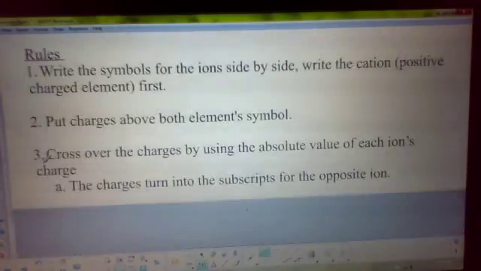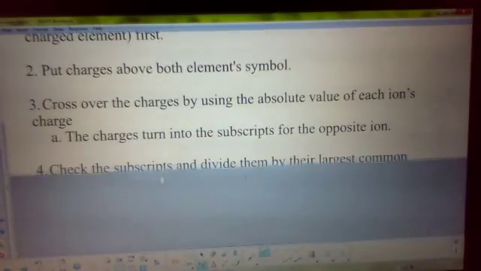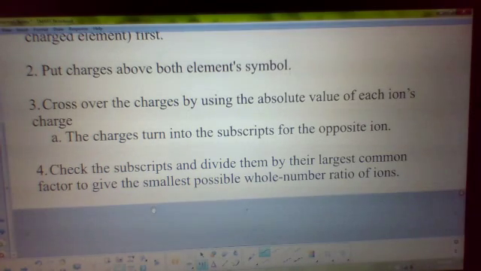Now sometimes we have to look at rule number 4: check the subscripts and divide them by their largest common factor to give them the smallest possible whole number ratio of ions. I'll let you write this down and we'll get back to it in just a second.